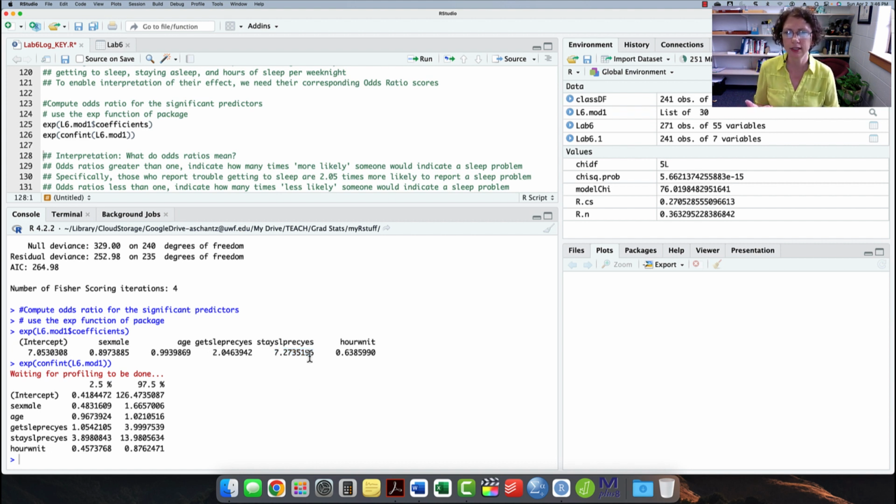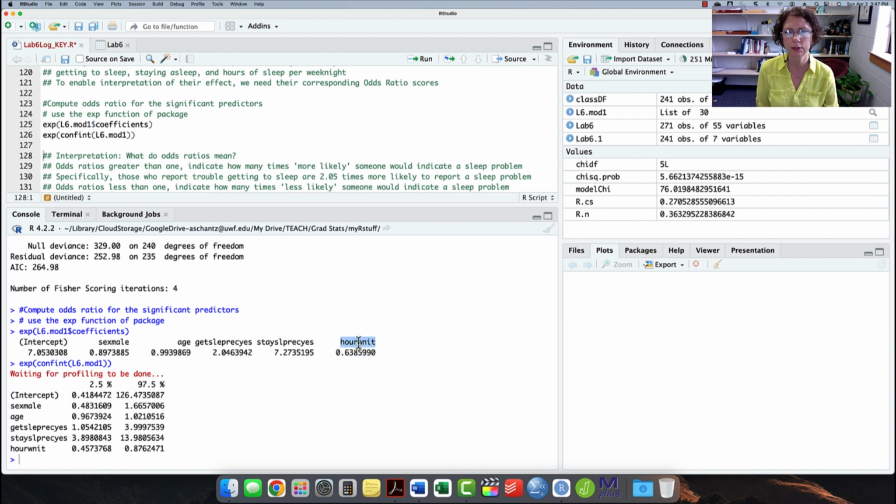You take the ones that are significant, and it's how many times more likely is the trick of it. Now, it's different if we're under 1, because remember, 1's that kind of middle of the ground, 50-50, not really contributing to the equation, right? To the ability to classify. But if it's under 1, now it's less likely that they are going to report a sleeping problem.